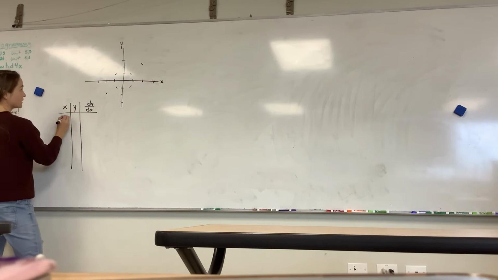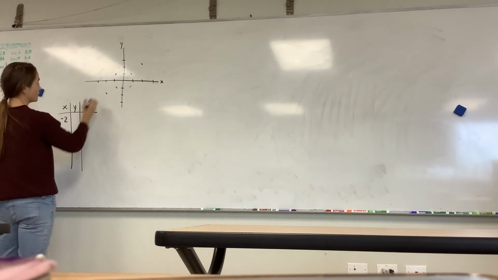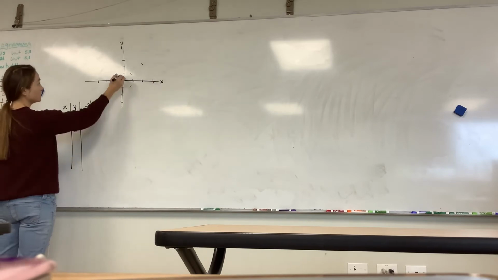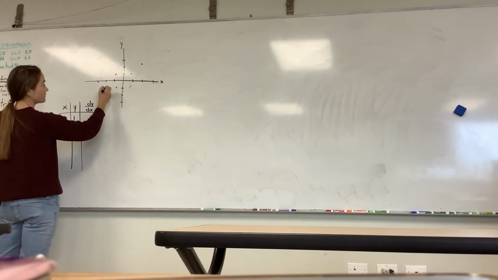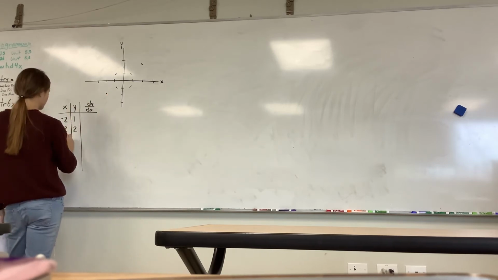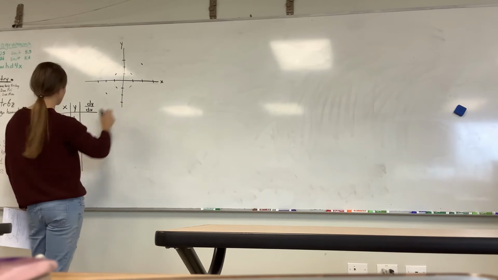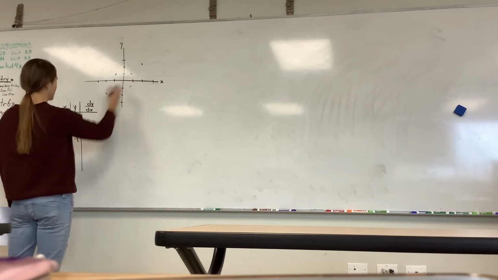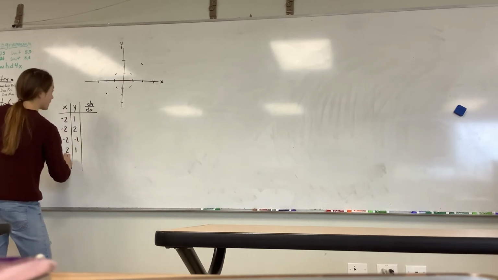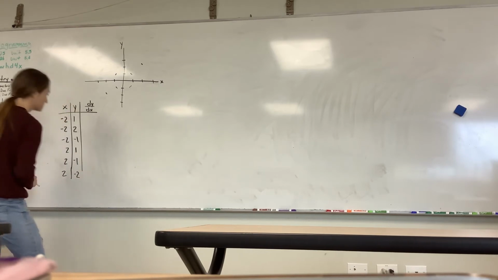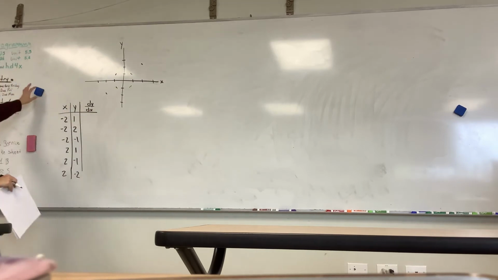So let's do (-2, 1), (-2, 2), and (-2, -1). And then a couple positive points: (2, 1), (2, -1), (2, -2). So I'm just filling in this graph a little more.